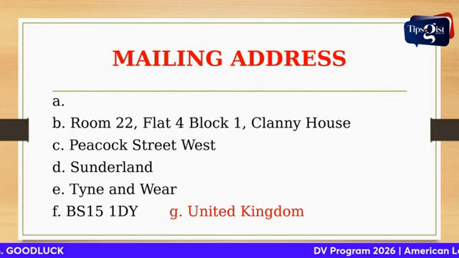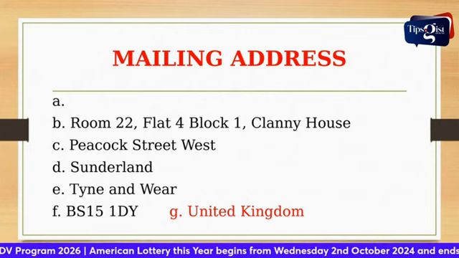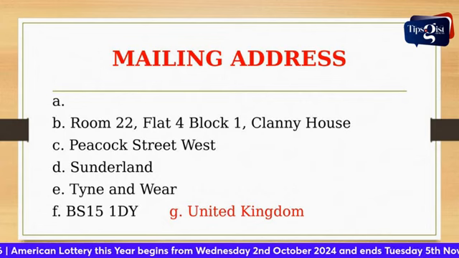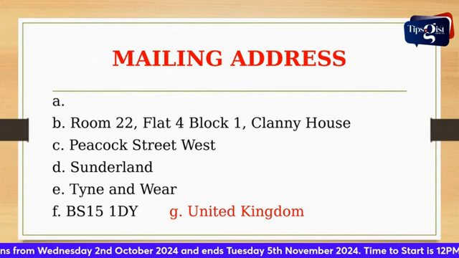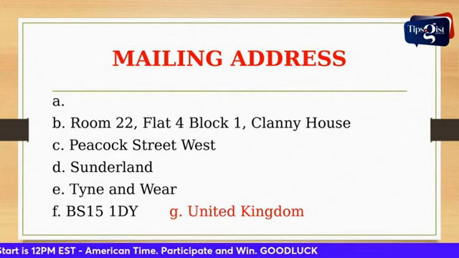So the A in care of was left blank. Now the room 22, flat 4, block 1, Clanny House is the B. Since there is another information, I key in at the C, and that is Peacock Street West. Then the town is Sunderland, then the county is Tyne and Wear County, and the F is the postcode and the United Kingdom over there.